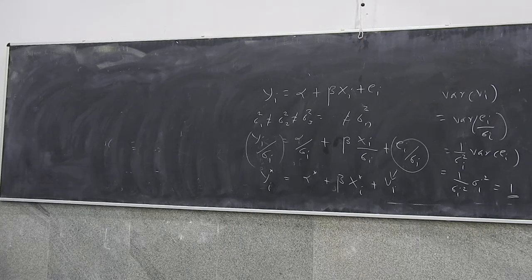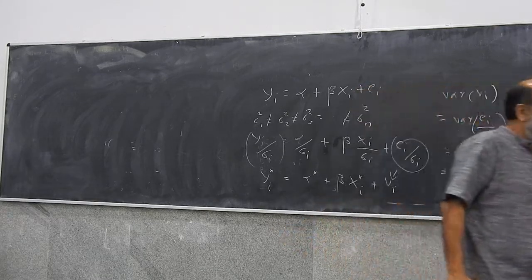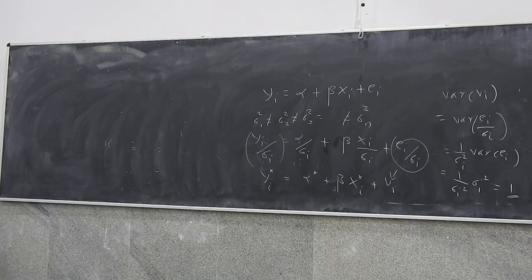Sure? So what have we done? We have transformed y and x in such a way that the error terms in the resultant equation are no longer heteroscedastic. They have a constant variance. So we have done a GLS.